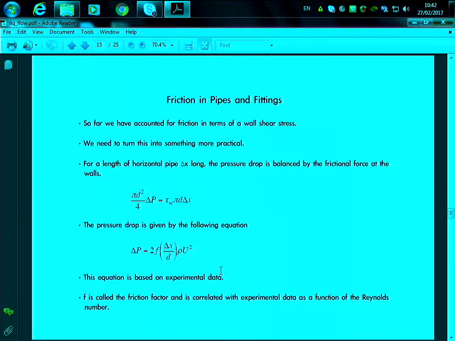Why 2? That depends a lot on where the friction factor comes from. There are 2 types of charts where the friction factor can come from: the Fanning friction factor or the Darcy friction factor. Depending on that, you will either multiply by 2 or divide by 2.